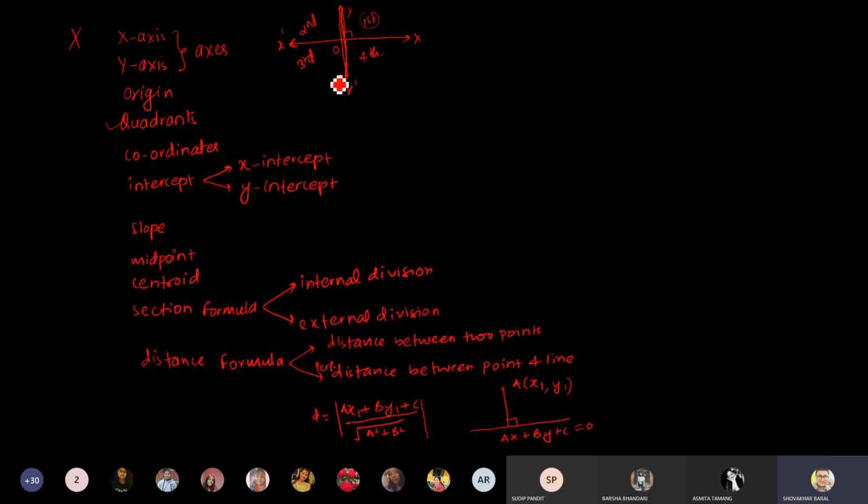Okay, so the next one, coordinates. Since the x-axis and y-axis are just the imaginary distribution of the 2-dimensional plane, they will contain a lot of points. Let me explain why these points are necessary. Suppose in some physical geography, we can name a certain place to locate it.